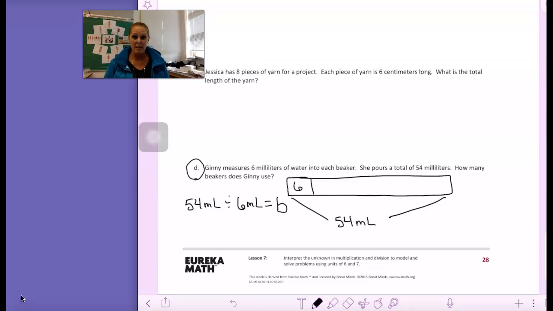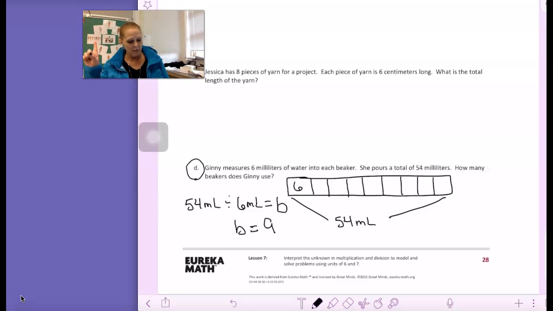I don't know how many yet, right? If I go look on my chart, or I count by sixes until I get to 54, I'm going to find out that I have 9 beakers.